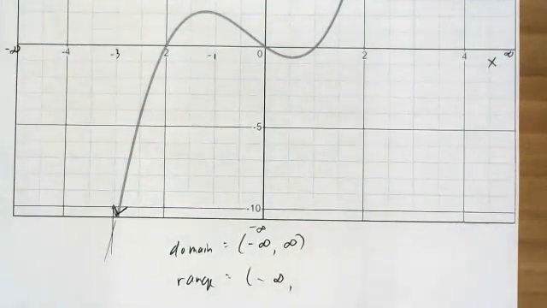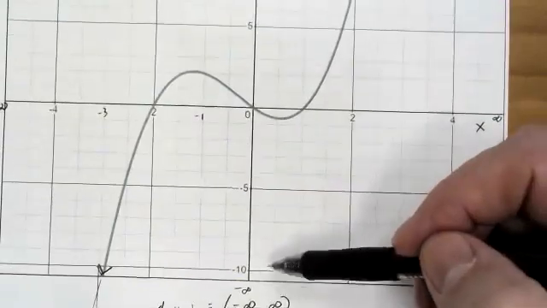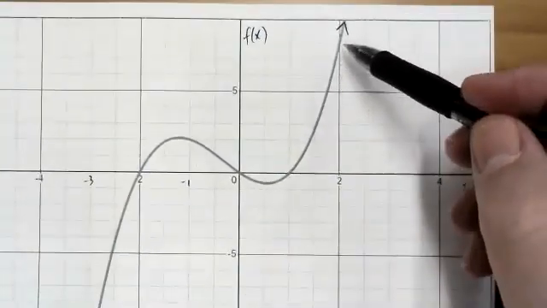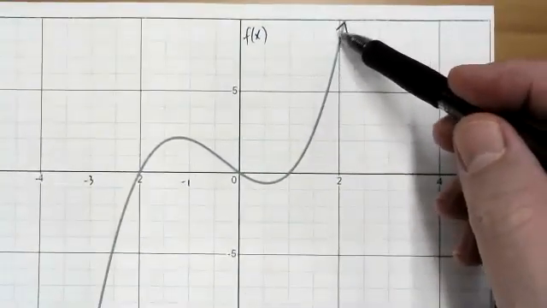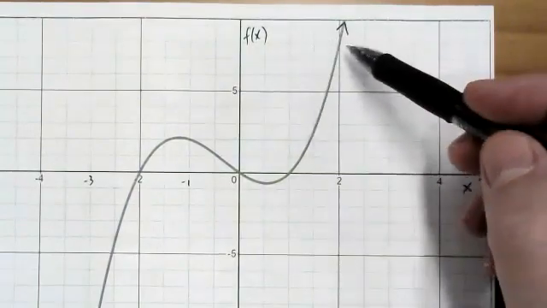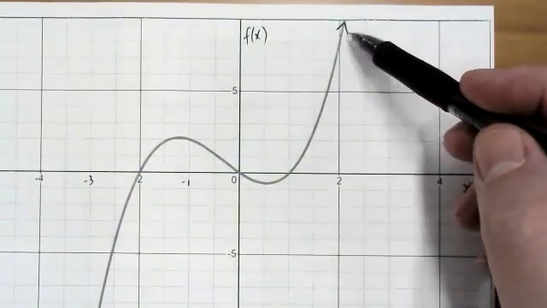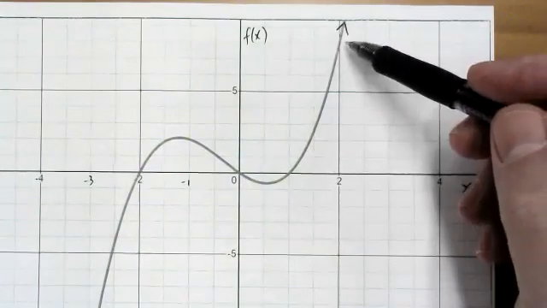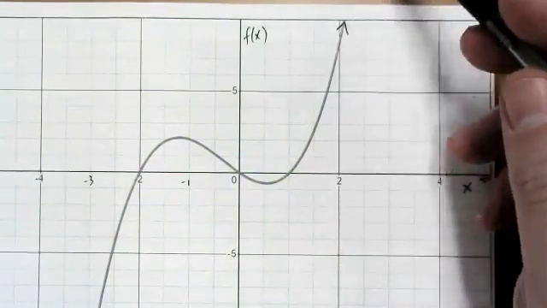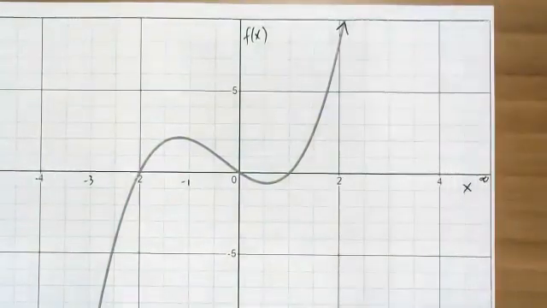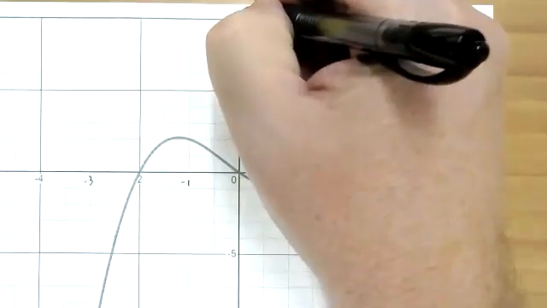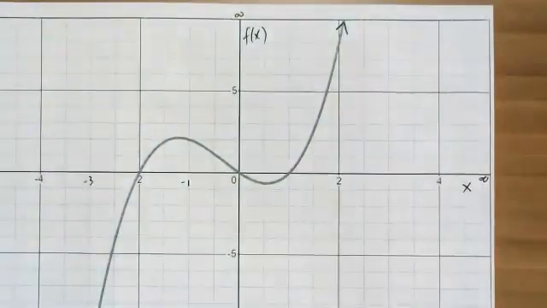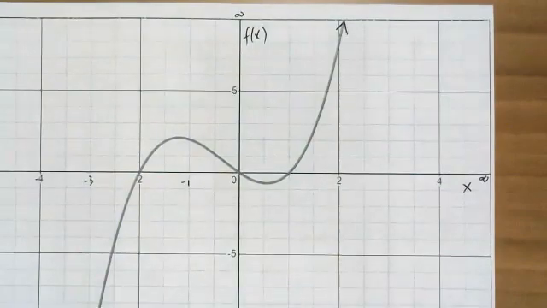And then you say, okay, what's the largest? How high does this graph go? What's the largest value of the function for this graph? Once again, since it goes up and keeps going up forever, you just say the largest value where the function exists is going to be positive infinity.